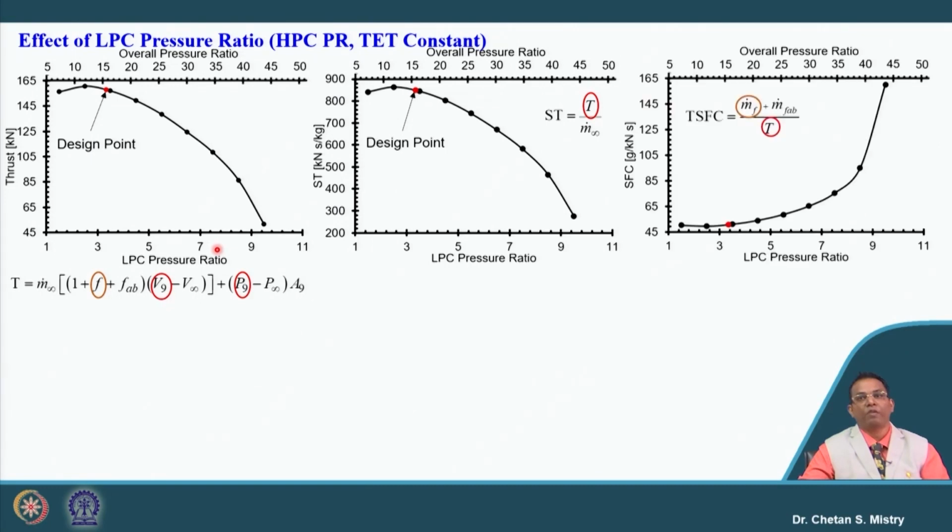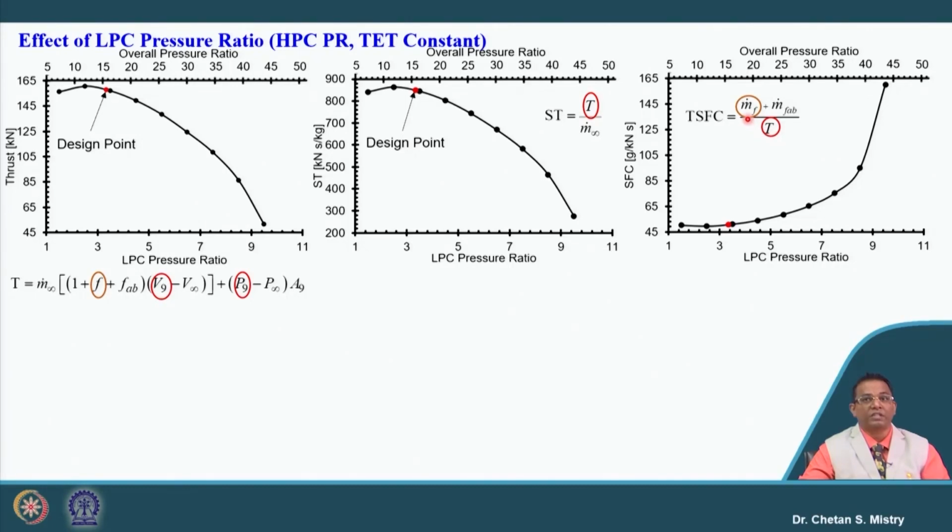Now, the parameter we know is thrust specific fuel consumption. As we have discussed, it is a function of the amount of fuel which will be supplied in the combustion chamber and the amount of fuel supplied in the afterburner, divided by my thrust.